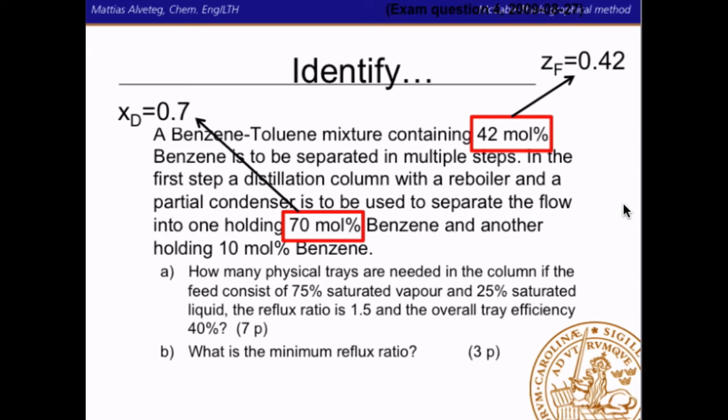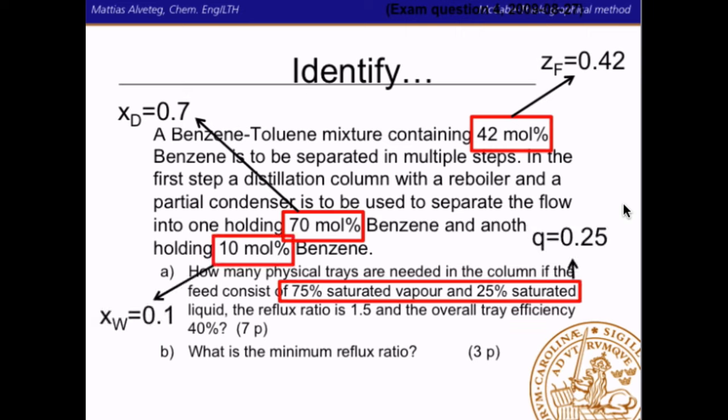The convention is to write the most volatile component first. 10 mol%, that's the bottom product. And 75% saturated vapor and 25% saturated liquid in the feed means that 75% is already evaporated, which means that to evaporate the last 25%, that takes 25% of the energy compared to the evaporation enthalpy at the boiling point.